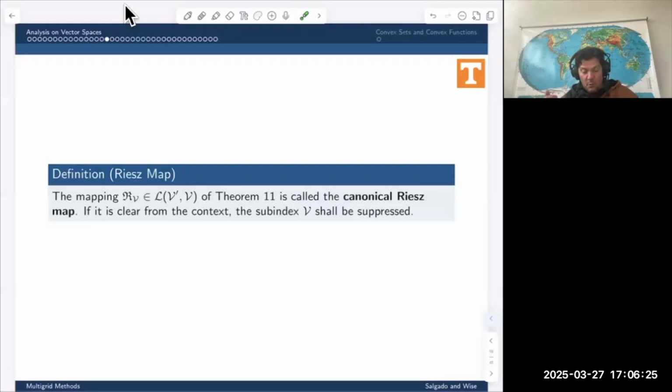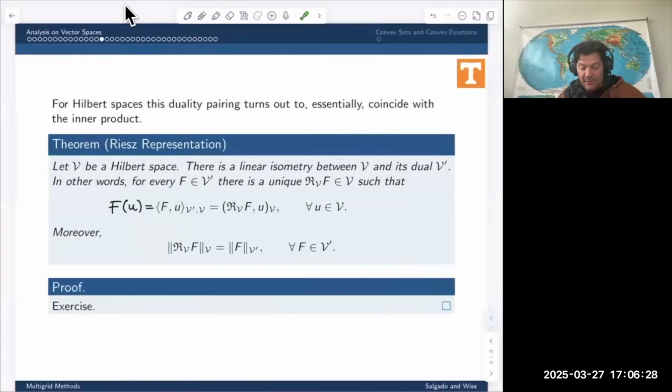So those three points. Well, why is it a mapping? Well, because for every f in V prime, there is a new object, a unique object in V. So we can think about it like this: R_V takes a functional and maps it one-to-one and onto an object in V. So that's the sense in which it's a mapping and it's one-to-one.